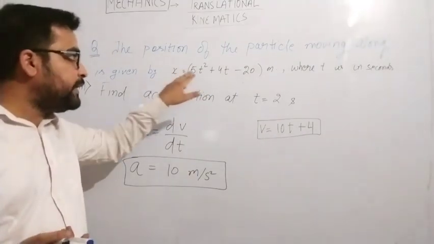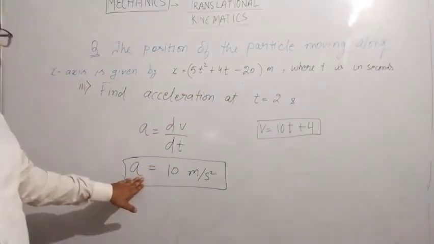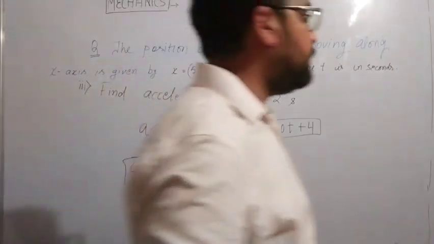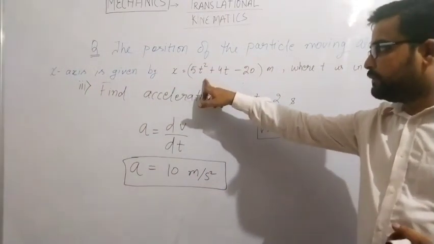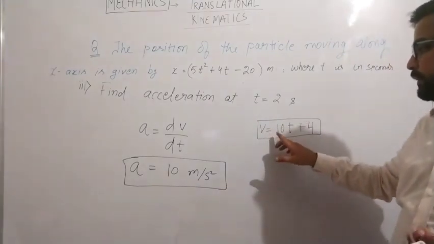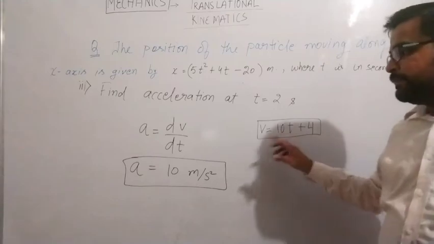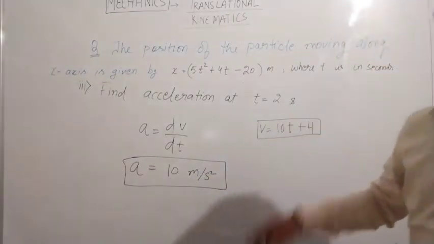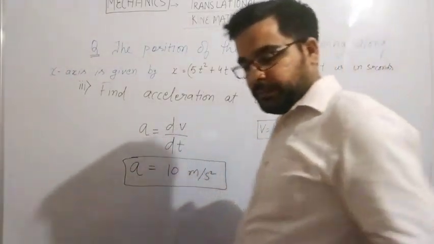So when displacement is a parabolic function of time, then acceleration will be constant, right? So acceleration is 10 meter per second square, right? And when it is a parabolic function of time, then velocity will vary linearly, and when velocity varies linearly, that means our acceleration is constant. From this numerical we have learned this theory, right?